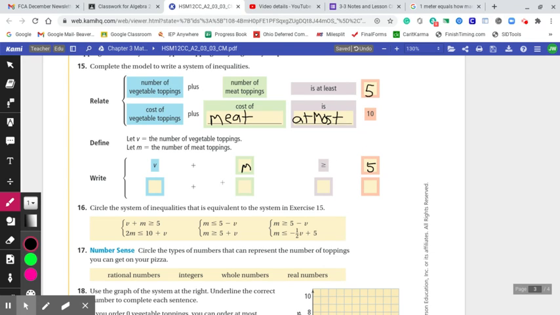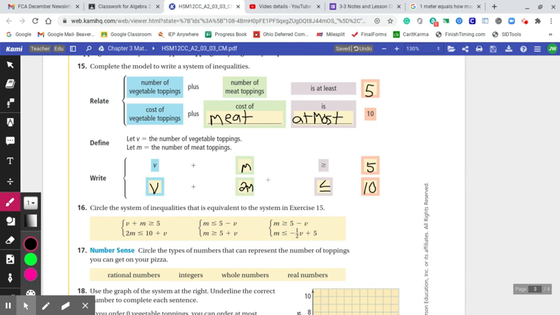And then write V plus 2M is less than or equal to 10.